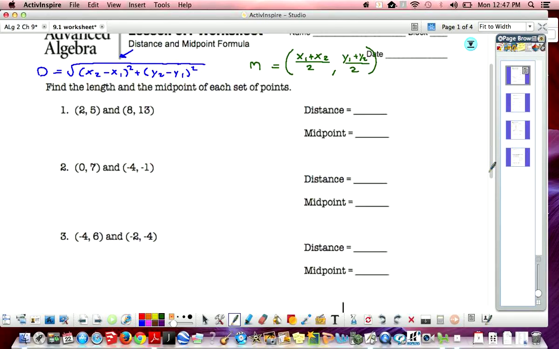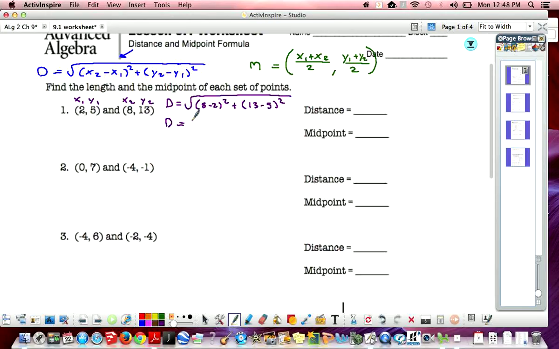So for each of these first 3 problems, we're just going to be using both these formulas throughout. It says find the length and the midpoint of each set of points. So x1, y1, x2, y2. My distance is going to equal, subtract the x's, so 8 minus 2 quantity squared plus 13 minus 5 quantity squared.